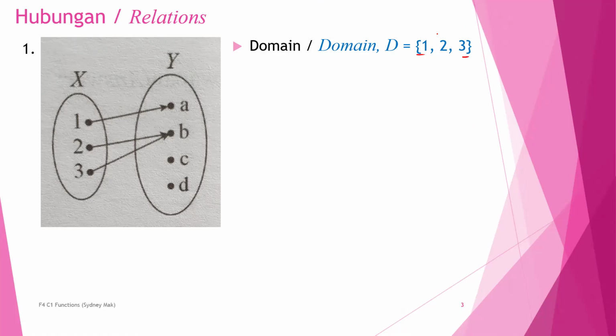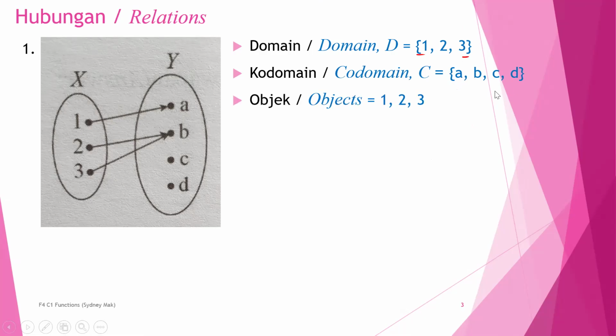Then what about the codomain? Codomain refers to the set of the second group, so all your second group elements must be written in your codomain. Can you see that? The most important thing is the set notation.